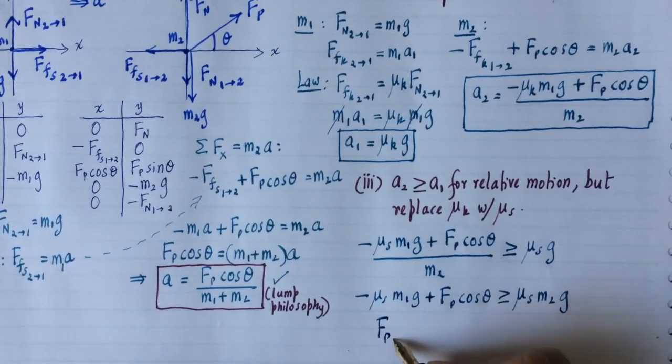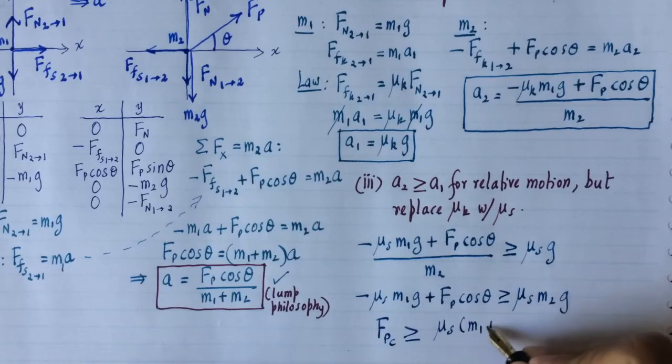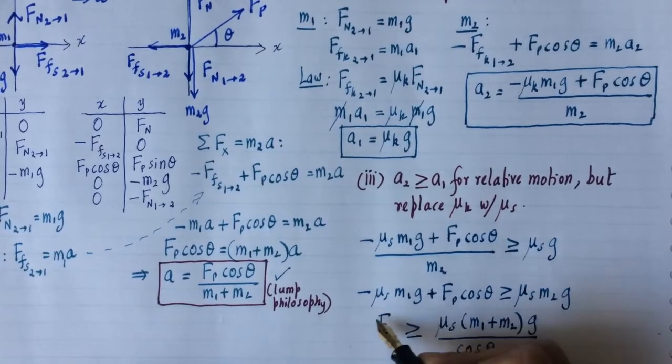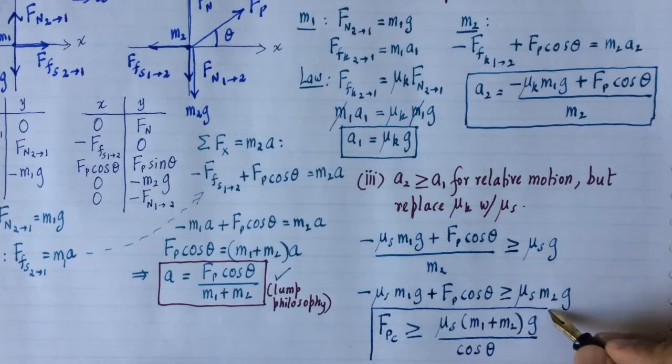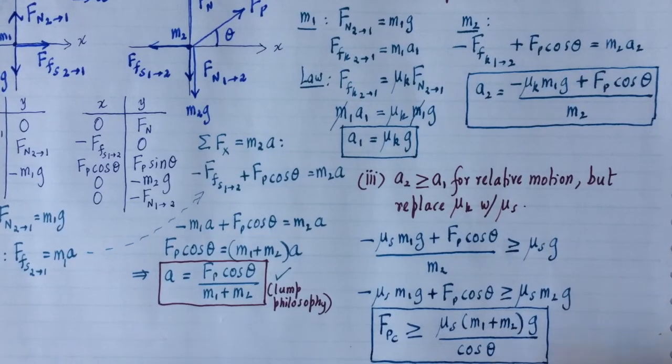So I get the critical value, fp critical, is bigger than or equal to mu s times m1 plus m2 times g divided by cosine theta. And once you're past this critical value, you can immediately lower the force to be mu sub k times m1 plus m2 times g over cosine theta, and they'll still move separately.